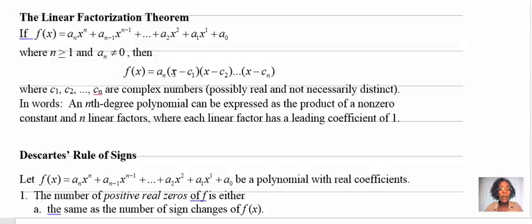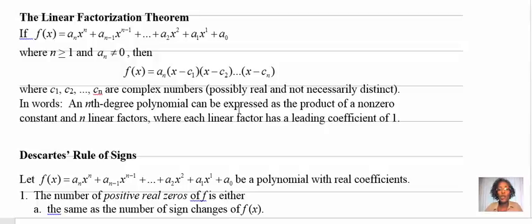That can be multiplied by x minus c1. That factor is multiplied times x minus c2, times x minus cn. So c1, c2, and cn, so these n constant values are complex numbers. They could be real. They may not be different from one another.